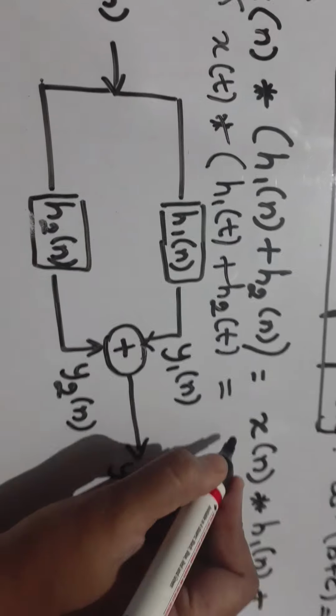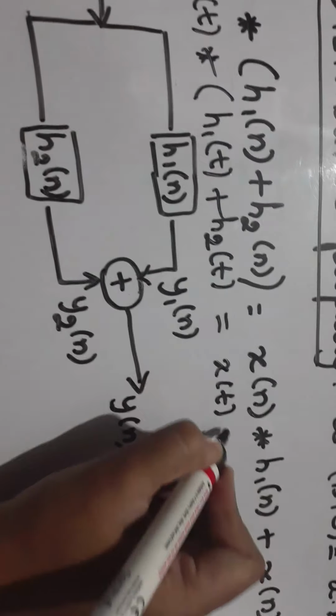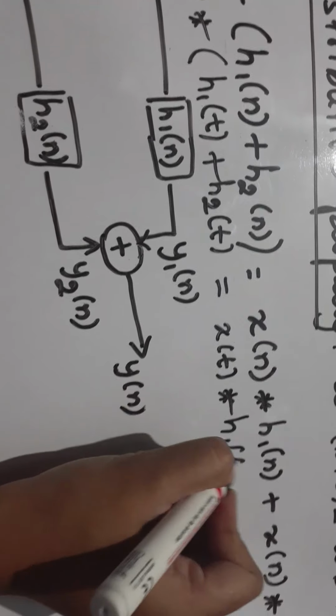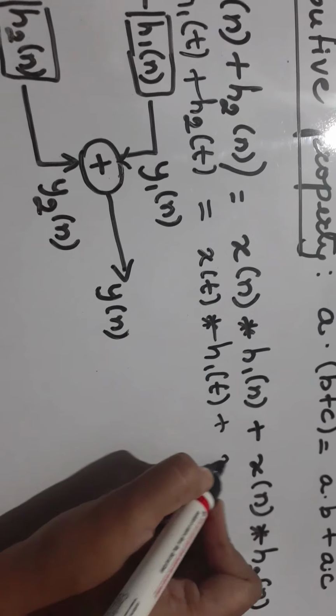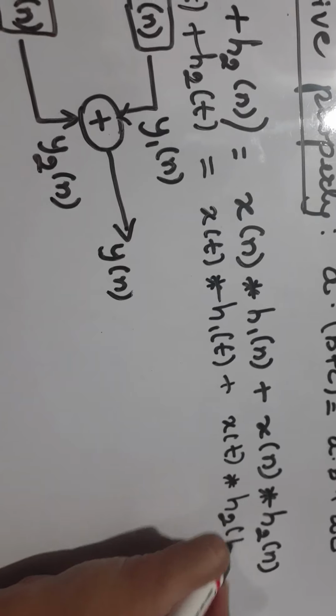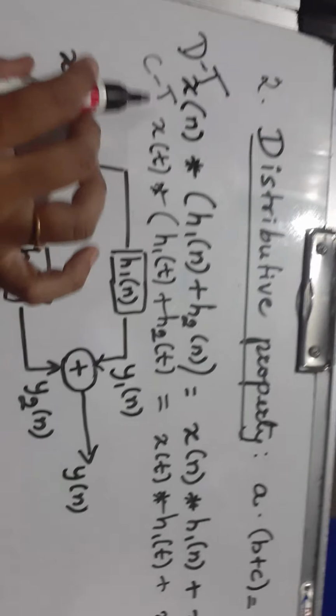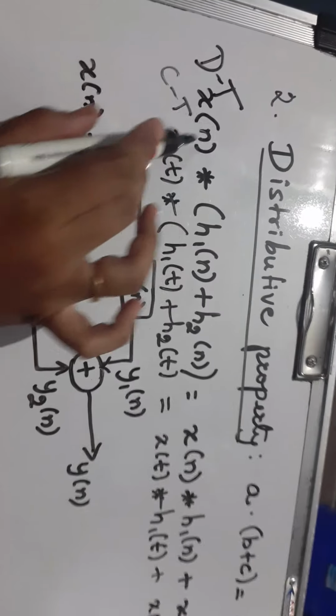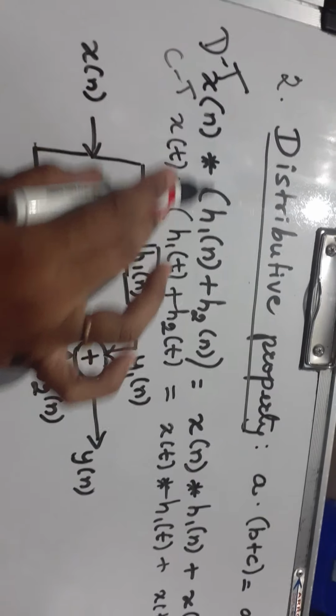How to distribute this? x of t convolved with h1 of t plus x of t convolved with h2 of t. So this is for continuous time. So let us try to prove this property. Let us take first discrete time.